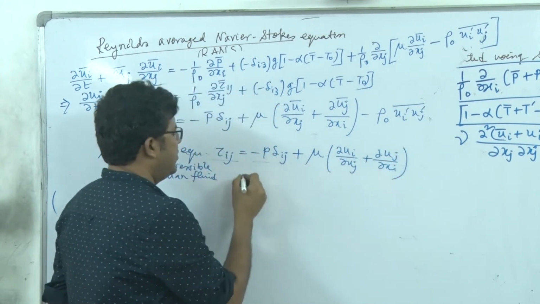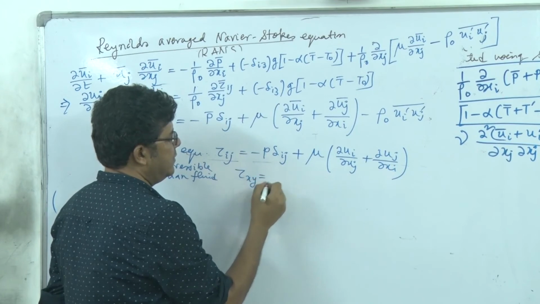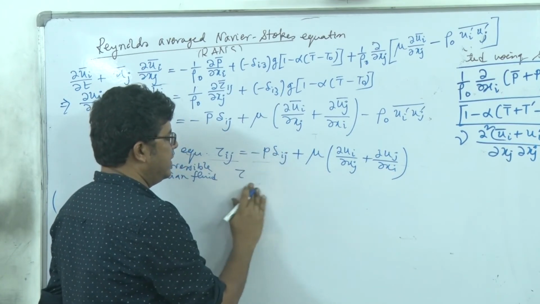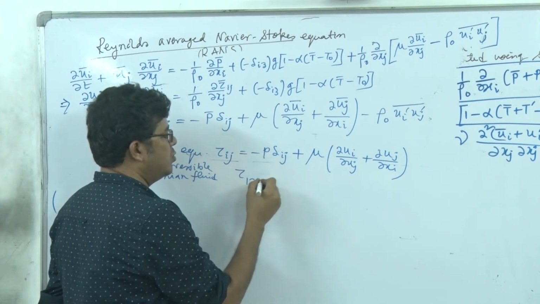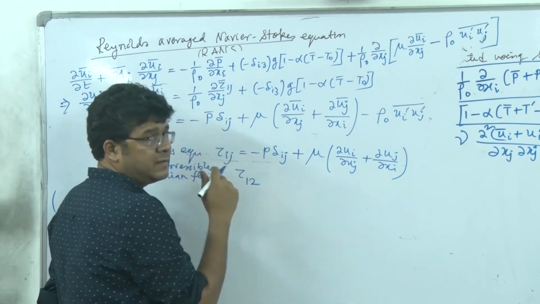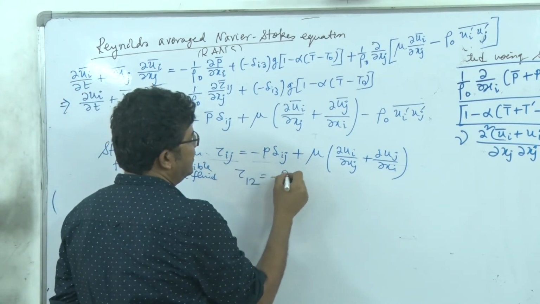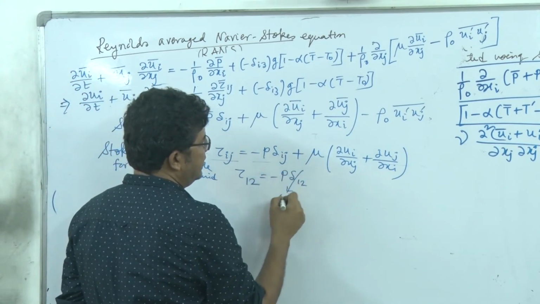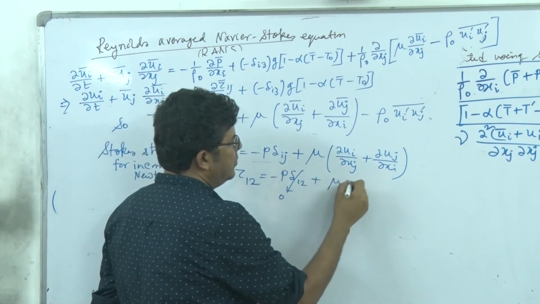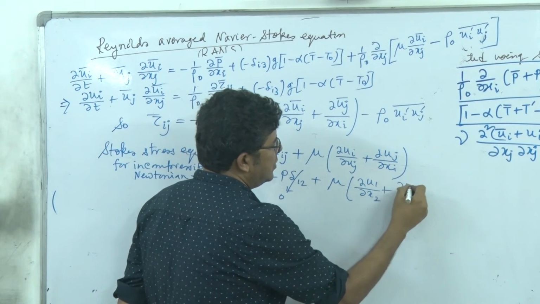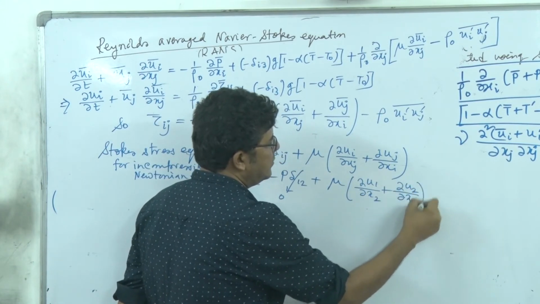Why? Because if I write for xy, see tau xy, or rather this, let's write 1 2, because i is representing x1, j is representing x2. So minus P delta 1 2, obviously 0, plus mu (del U1 del X2 plus del U2 del X1).